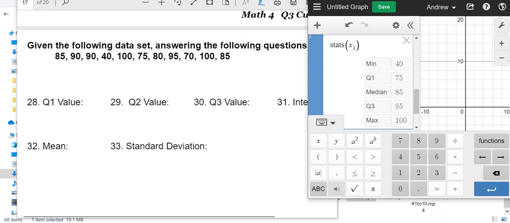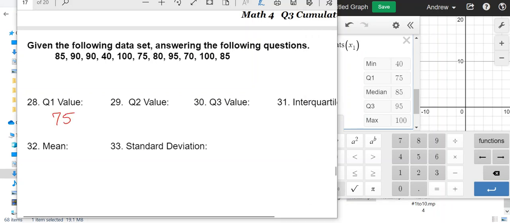The Q1 value was 75. Pardon me. The median, which is the Q2 value, 85. Q3 is 95, which you can calculate your own interquartile range, which is basically Q3 minus Q1, 95 minus 75, which is 20.